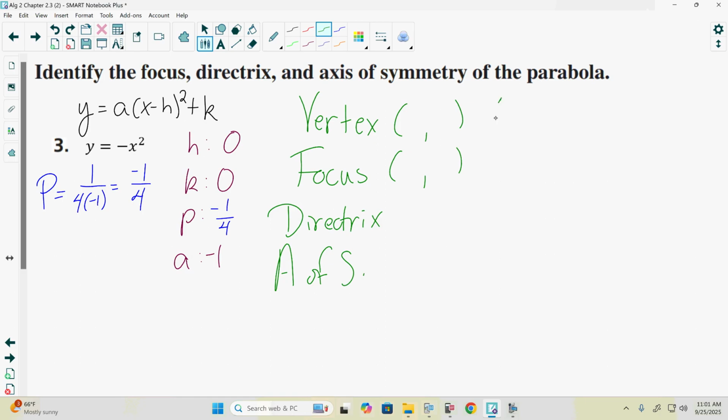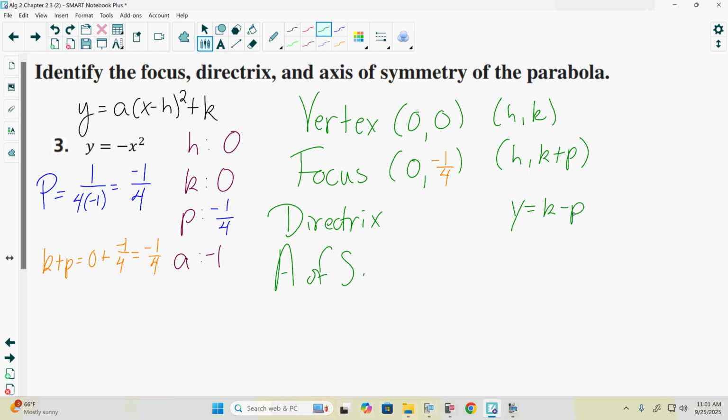Vertex is our h comma k, so this here is 0, 0. Now, since it is y equals, we have h comma k plus p. Well, I know the h is 0. K plus p would be 0 plus negative 1/4, which is negative 1/4. Directrix, y equals k minus p.